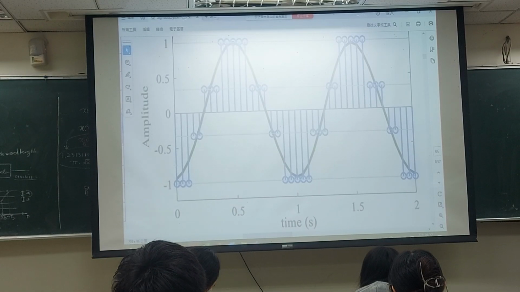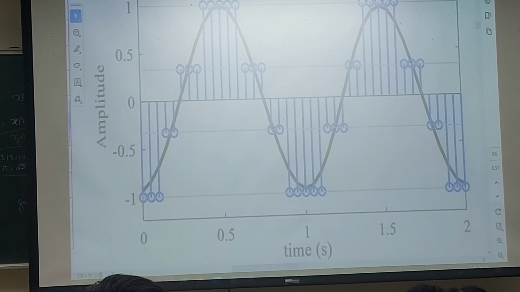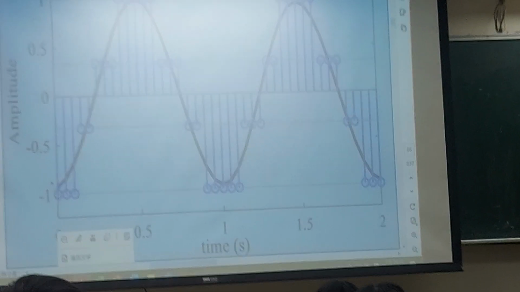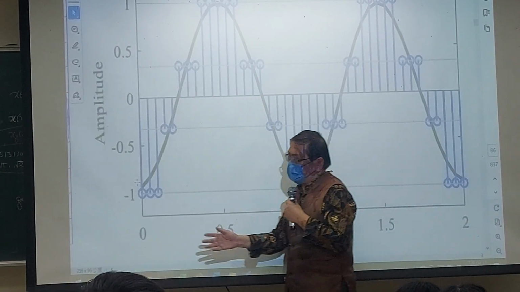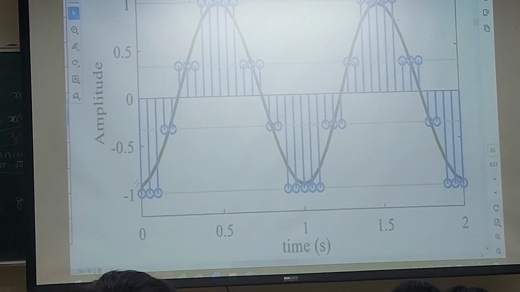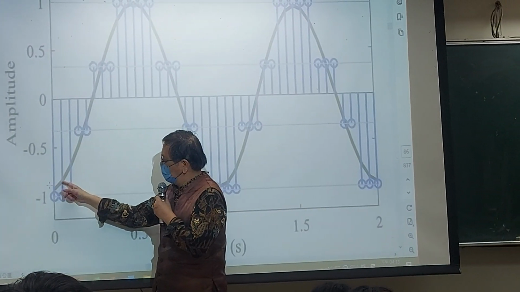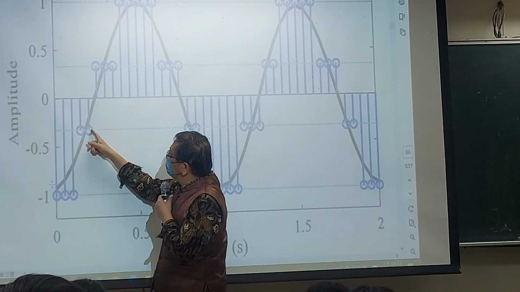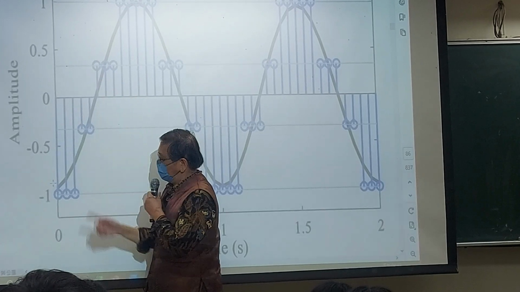Okay, look at the mouse. On the sample, the signal should be at this point, this one. It only goes through the sampler. The signal should be this point, this point, this one, and then this one, and this one, this one.